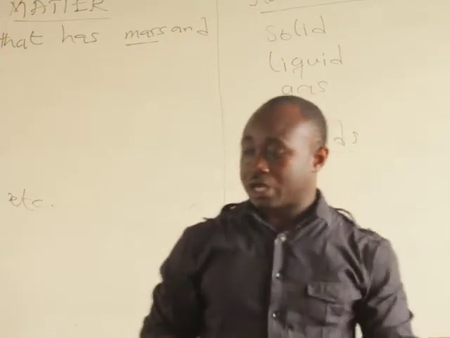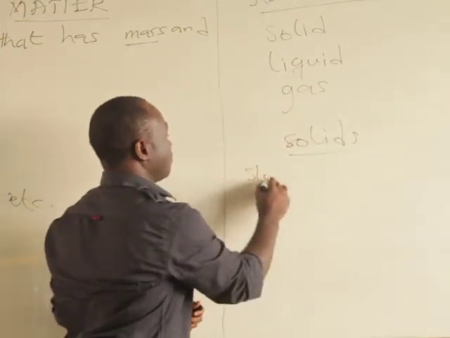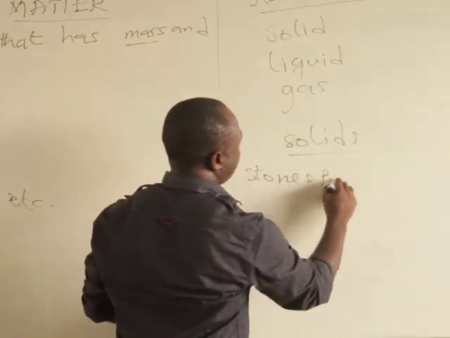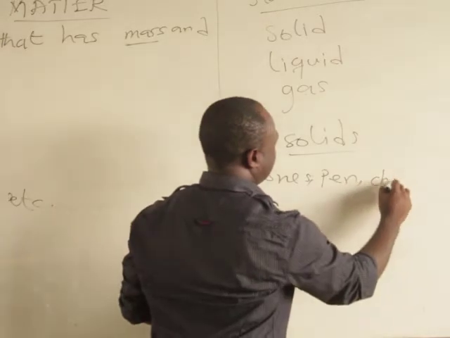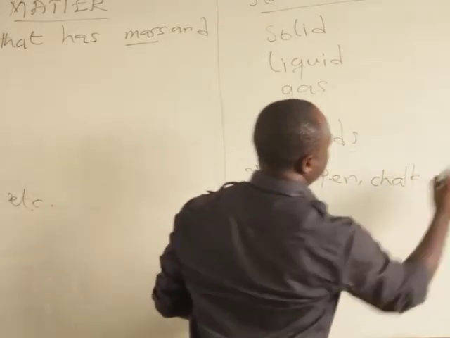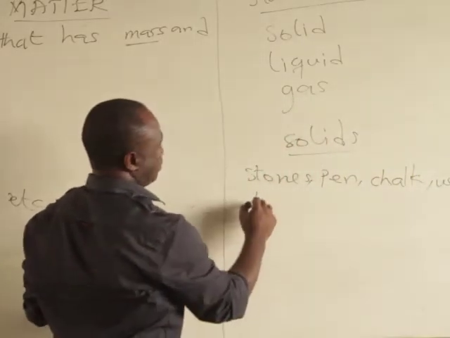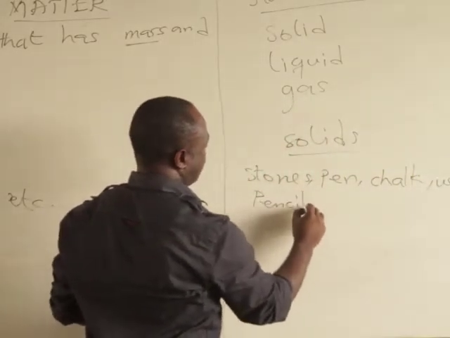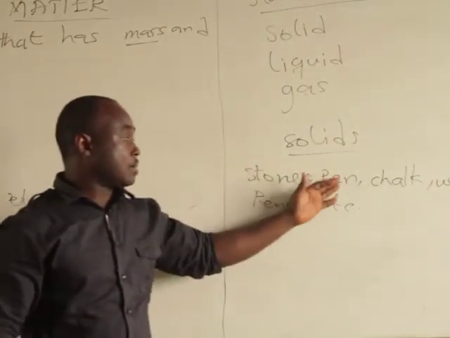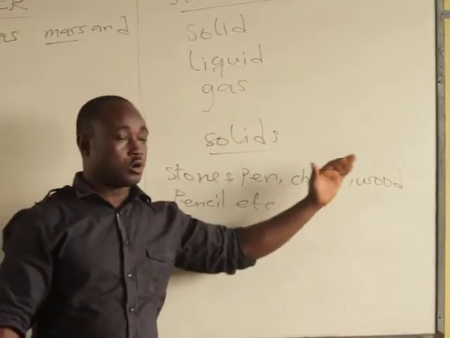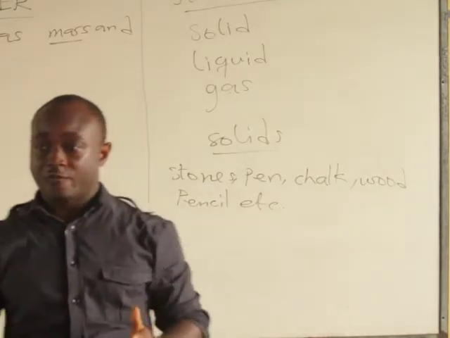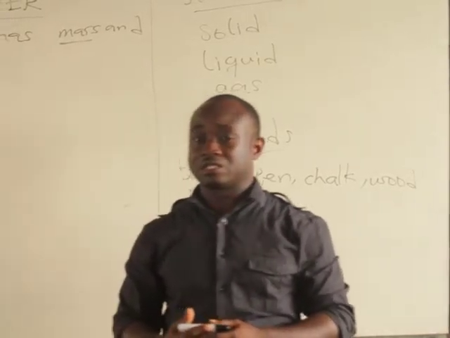For examples, we have stones, pen, chalk, wood, pencil, and many more. We can also have metal substances and plastic substances. They are all solids.